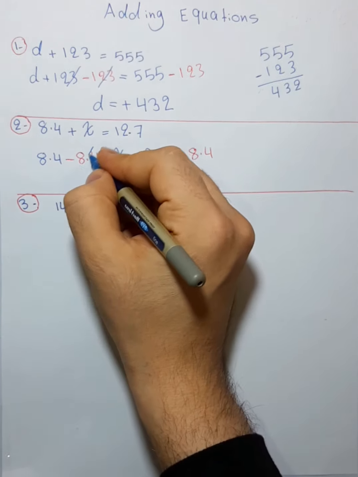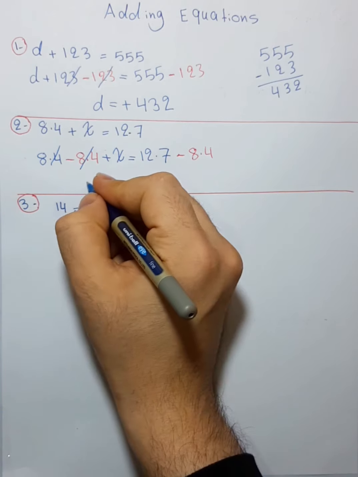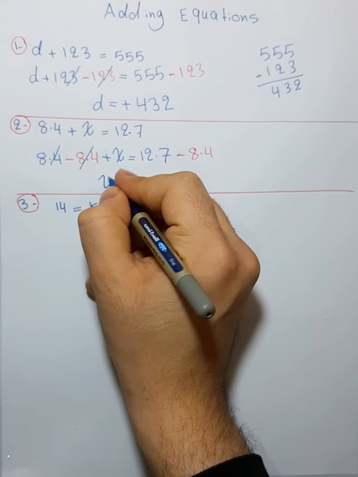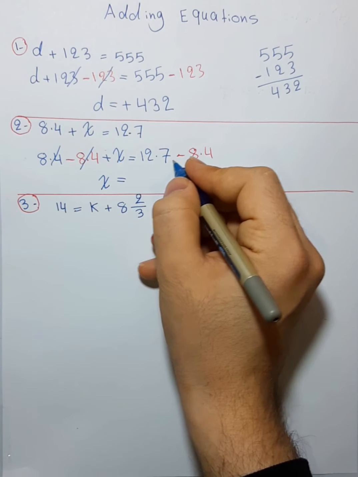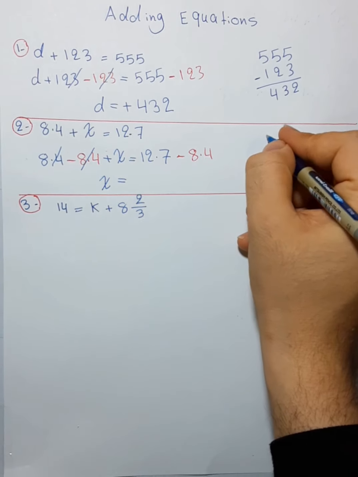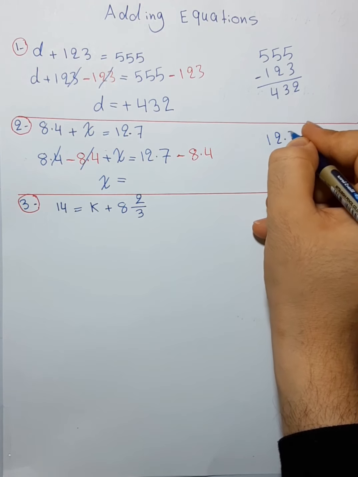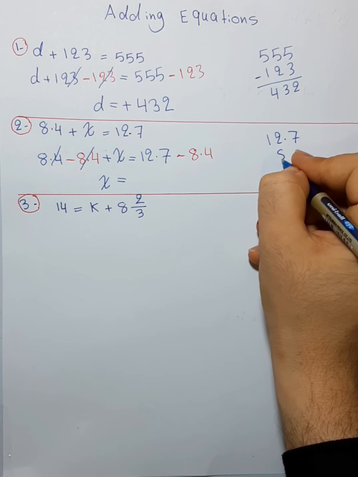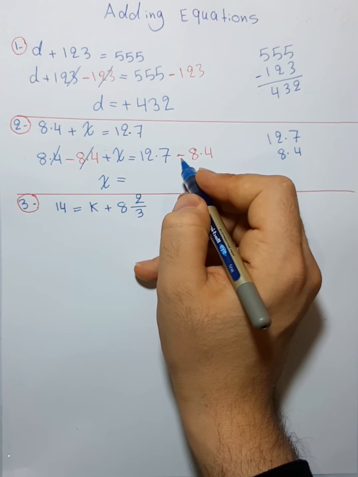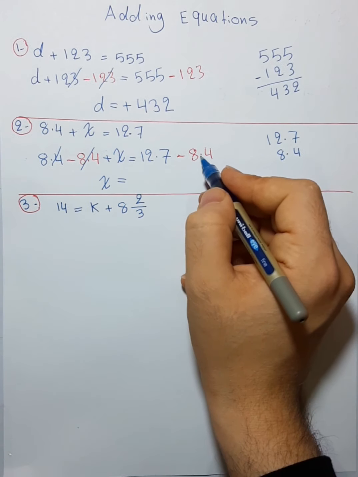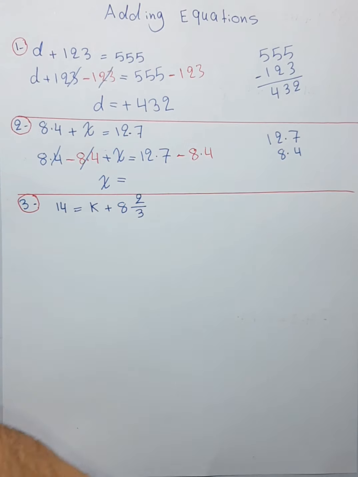Now these two numbers equal to 0 and we have only x equal to 12.7 minus 8.4. Plus times minus equal to minus, so you have to subtract these two numbers and write the sign of the large number.